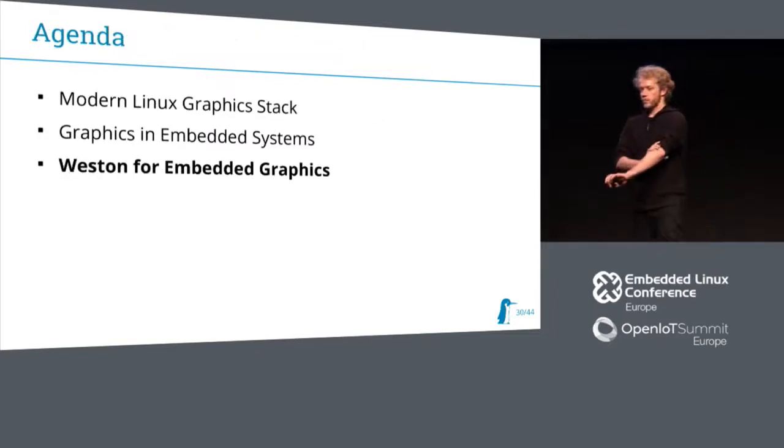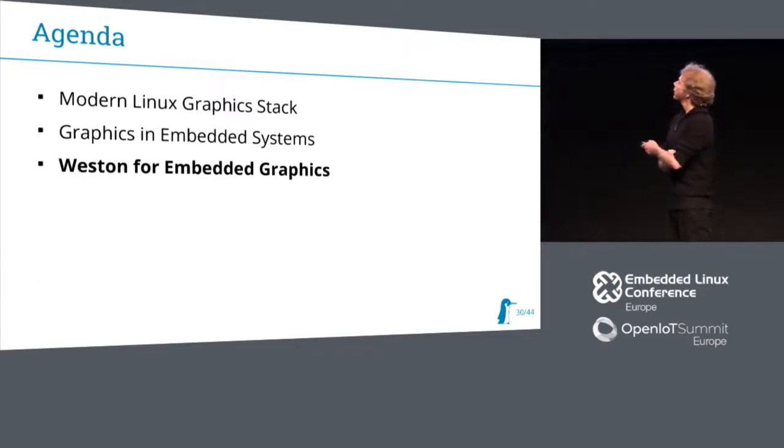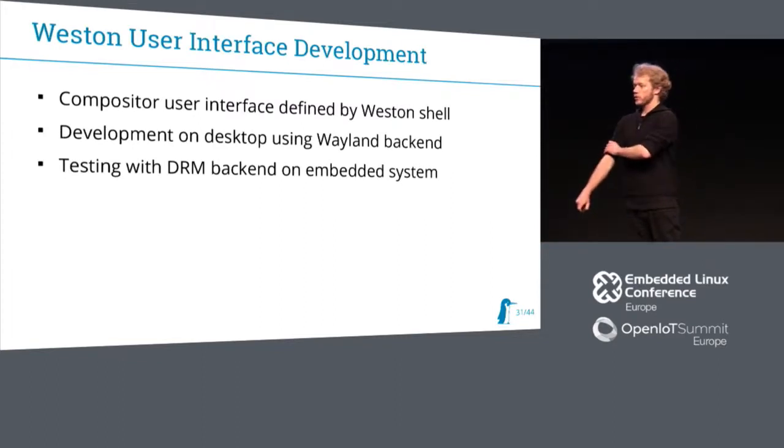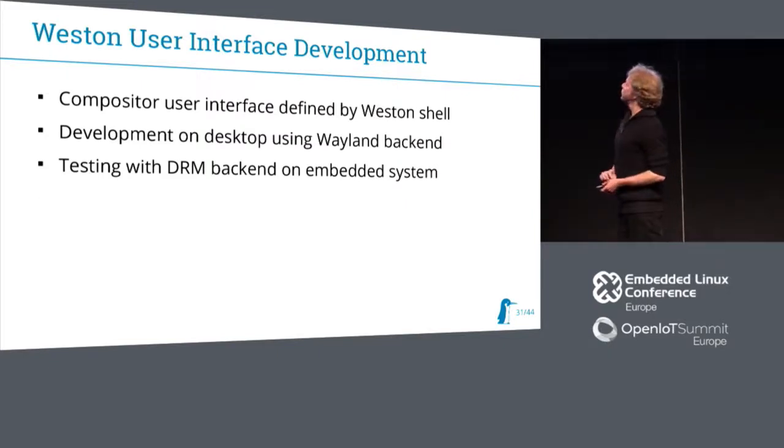As a final step, we will now look into how we build a user interface with Weston. So as I said before, the user interface is defined by a Weston shell.